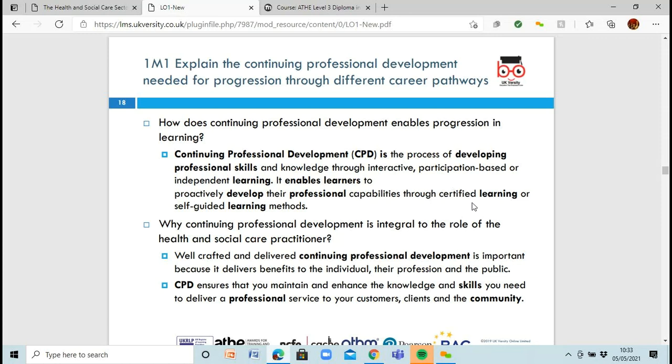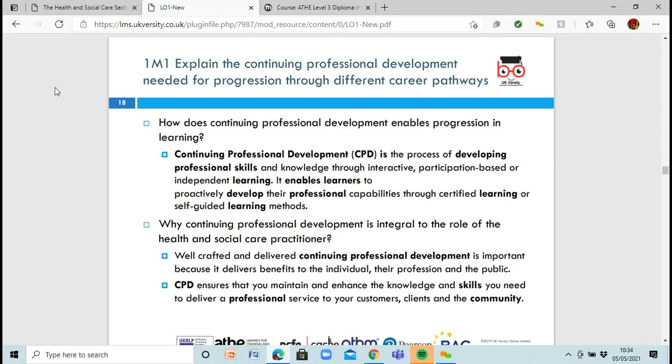Certified learning is where you end up getting a certificate or a diploma at the end. And then self-guided learning is where you're just researching a book, an article, speaking to someone. You might even have a good conversation with somebody that you work with. Even that is CPD.